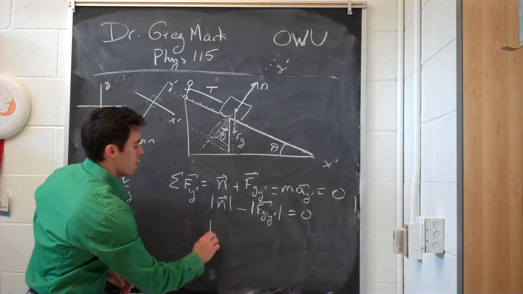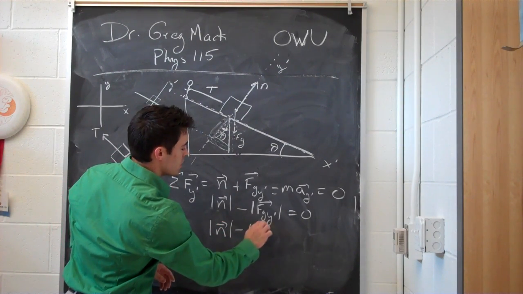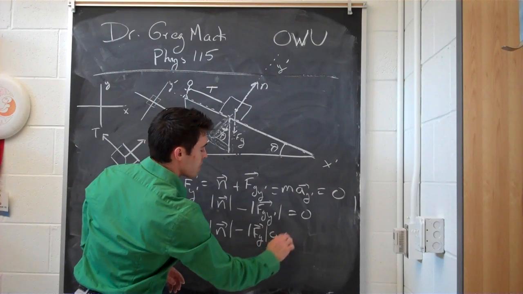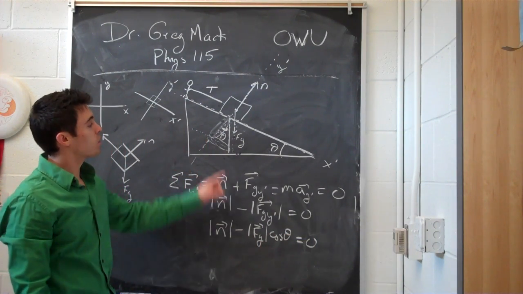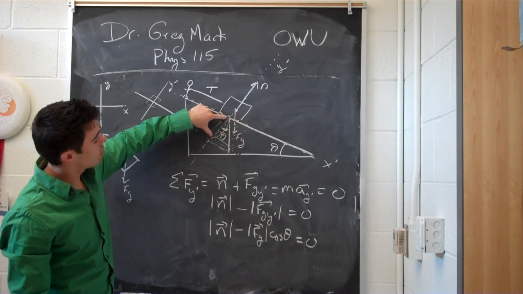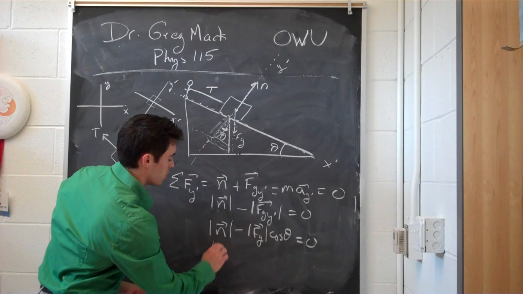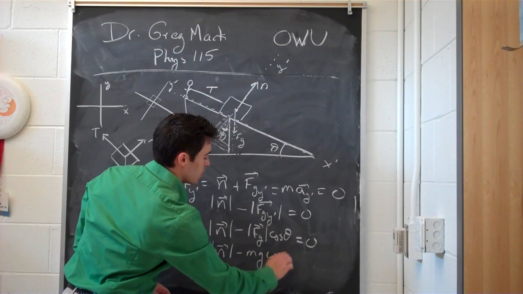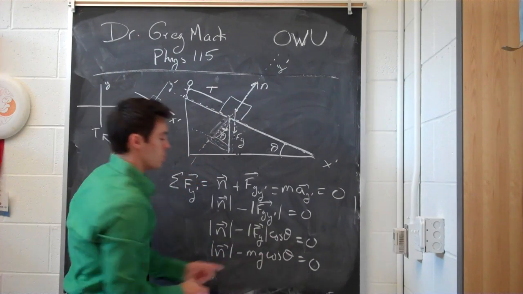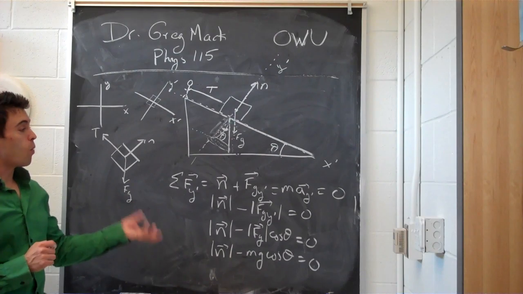So that means that we have n minus Fg cosine theta is equal to 0. Okay, because we want this part of the component along the y prime. Or, plugging in, if we have the mass of that block, we have minus mg cosine theta there. Okay, so that's looking at the y direction.